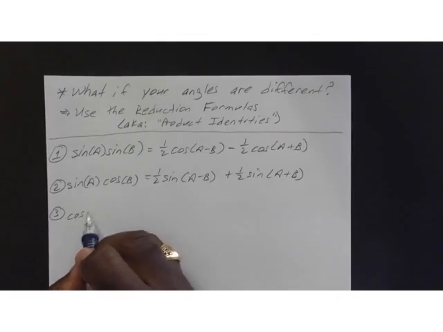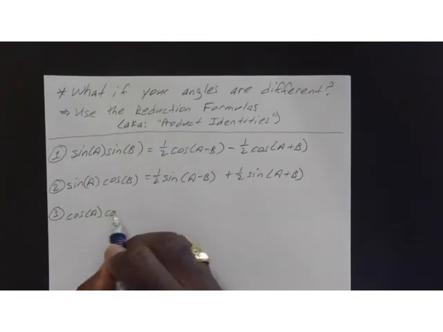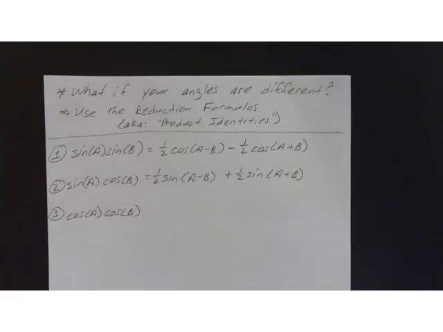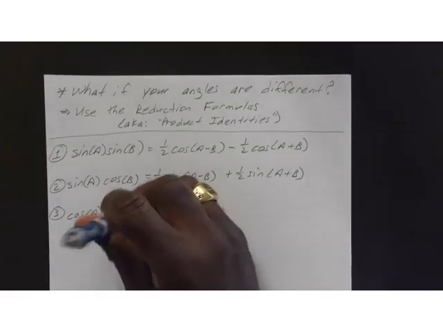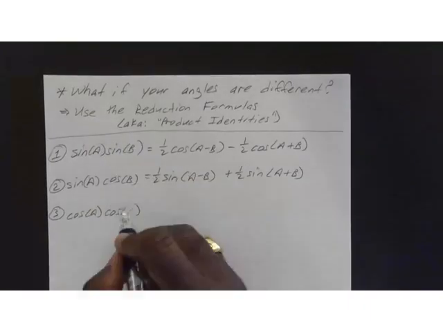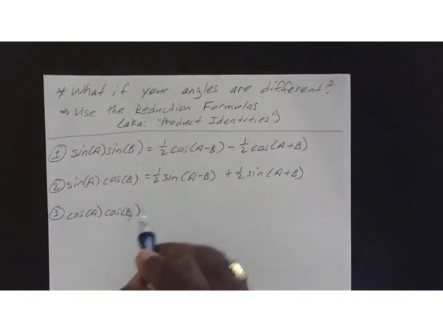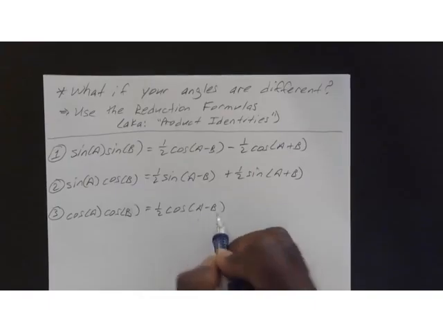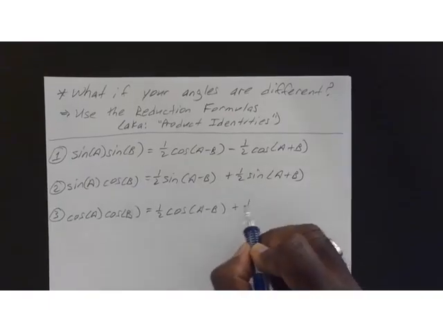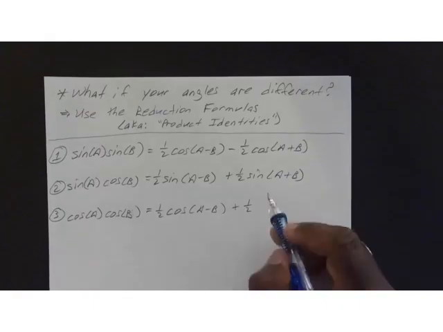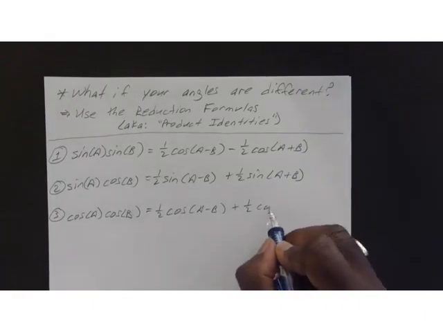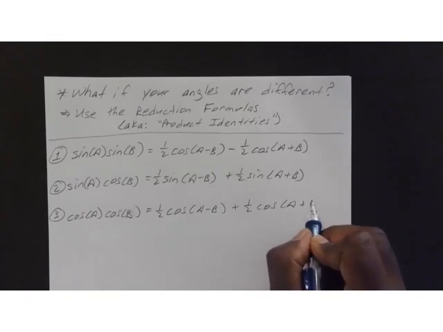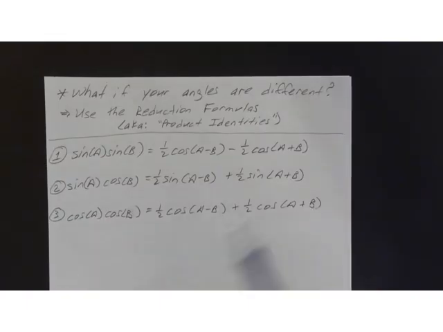Or if you have cosine of A times cosine of B, and make that B a little neater. That's equal to 1/2 times cosine of A minus B plus 1/2 cosine of A plus B, which is really, really close to sine A times sine of B, but different sign.